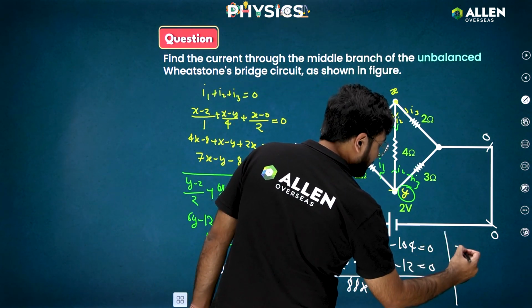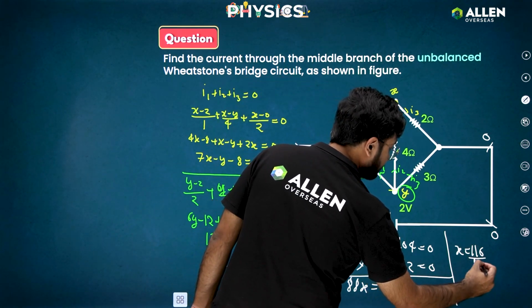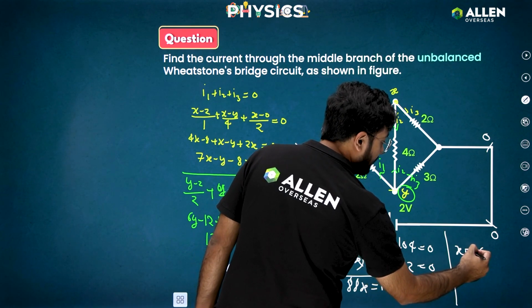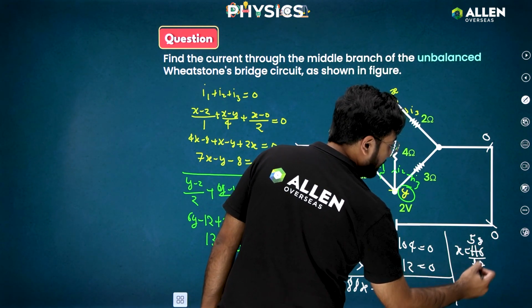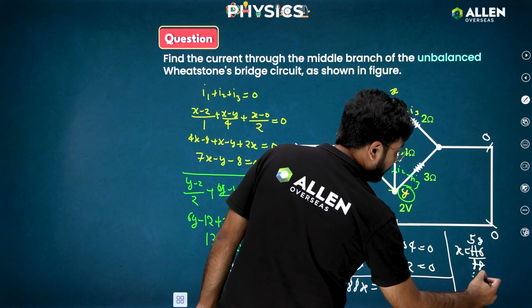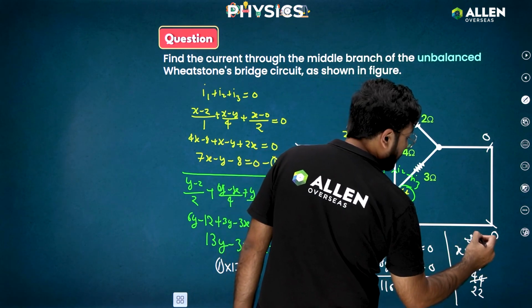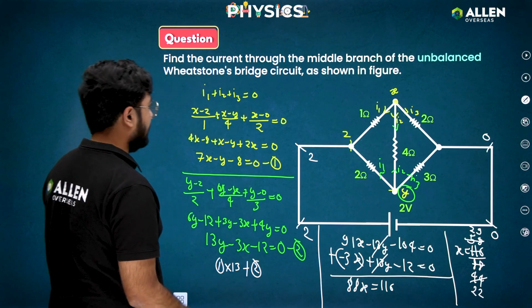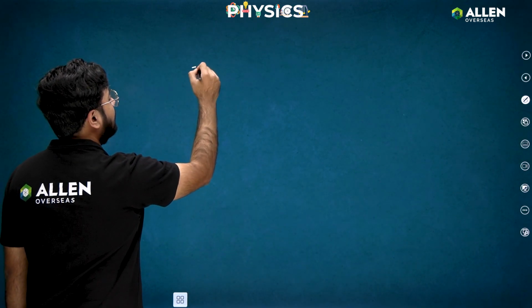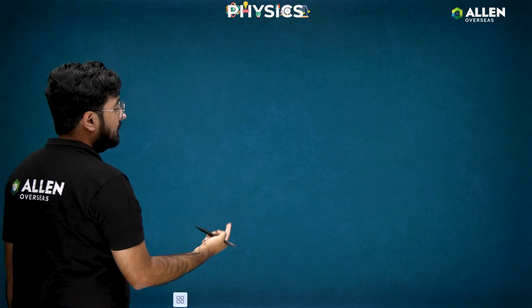So from here x is equal to 116 by 88. If you cancel it out, this will be 29 by 22. So we have the value of x, 29 by 22.